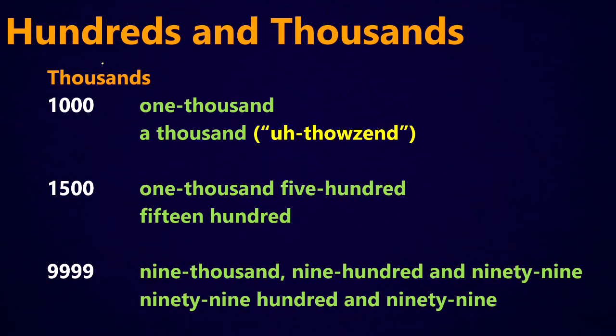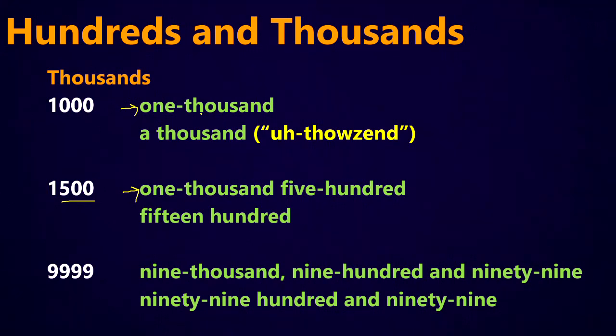When we're getting into the thousands, it's kind of the same thing if we have one. So if we have 1,000, this is how we would spell it formally. But when we're saying it, we would say "a thousand." I want a thousand dollars, so "a thousand." If we have any hundreds in there as well, we would say formally "one thousand five hundred," but when people are talking, they'll just say "fifteen hundred." So this is something with the thousands.